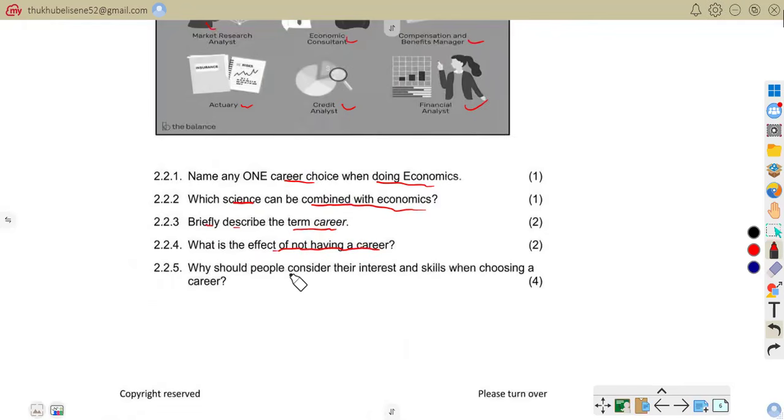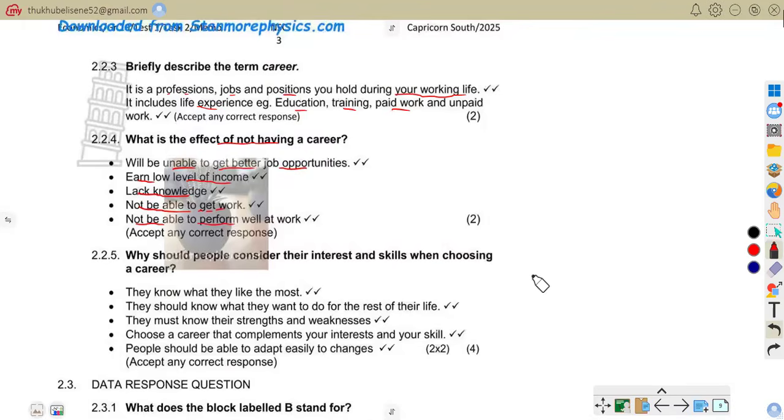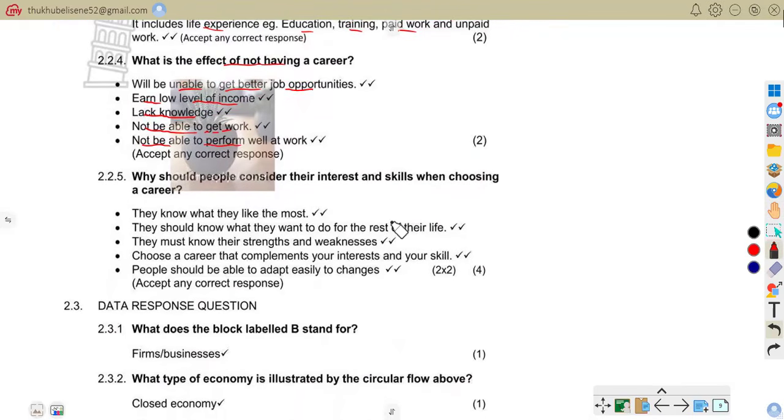2.25. Why should people consider interest and skills when choosing a career? That is very important. They know what they like the most.